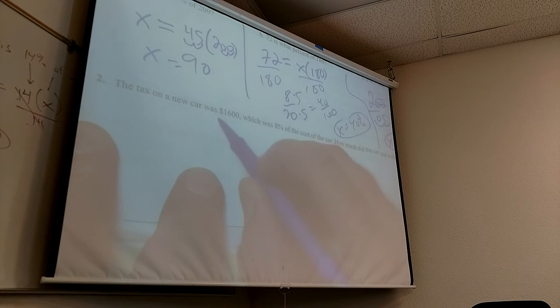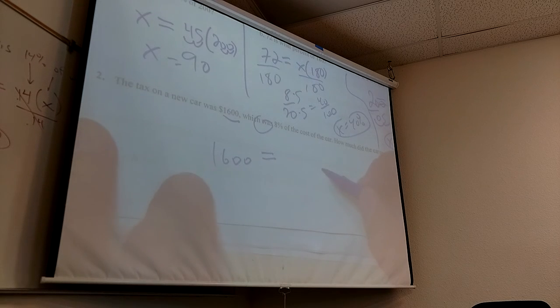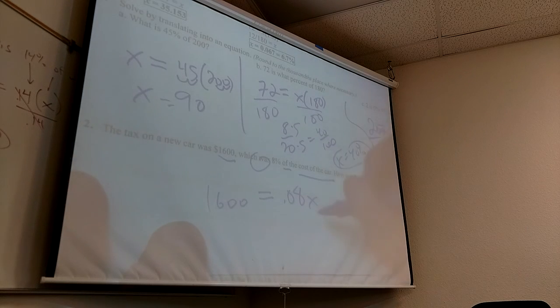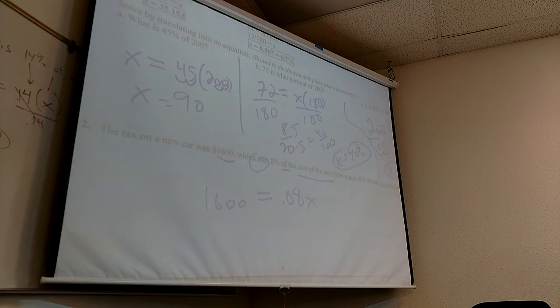The tax on a new car was $1,600, which was, so $1,600 is another name for equals 8% of, I don't know. I'm trying to show you how these kinds of problems work. I have to condense the question to make it more like what I'm used to.